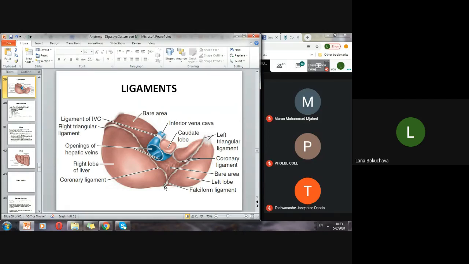We do have a part of the large intestine, particularly its right colic flexure, as well as the right side of the transverse colon particularly, as well as the part of the right kidney, as our colleague told us, and sure, the part of the right adrenal gland or right suprarenal gland.